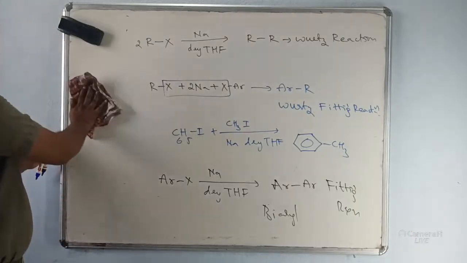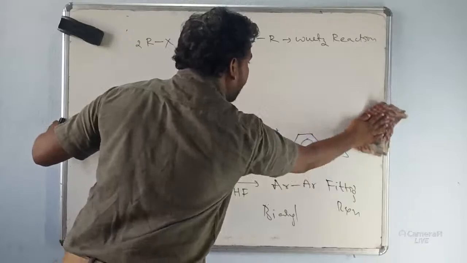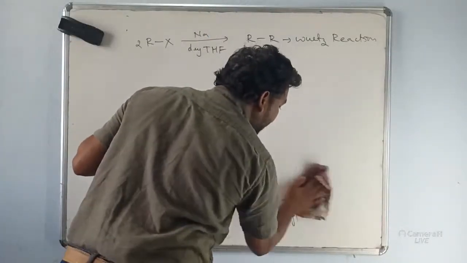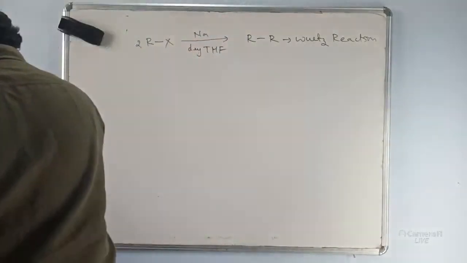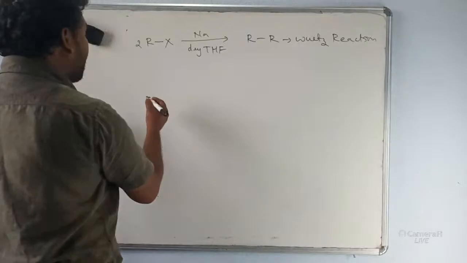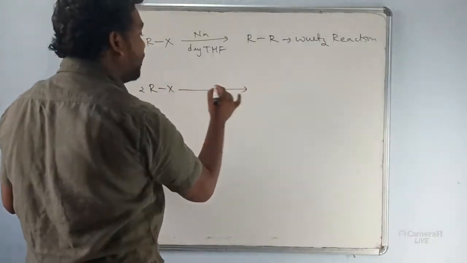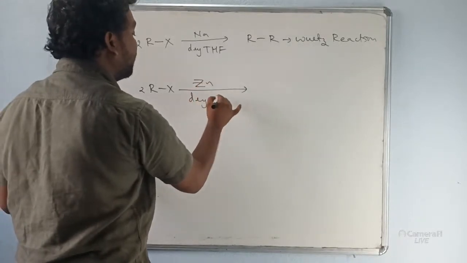Let me tell you some other reactions. Take a screenshot. In the Wurtz reaction, the reagent we are using is sodium metal, which generates the radicals, in dry ether. Instead of sodium, you can use zinc metal also in dry ether.